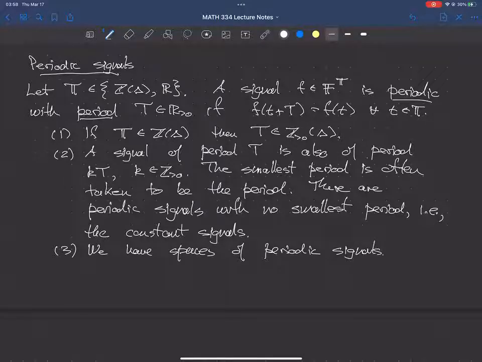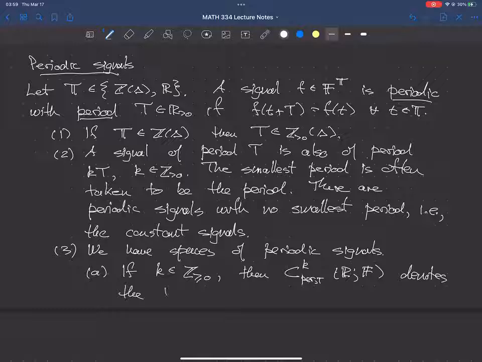And so for example, if k is a non-negative integer, then C^k_per(T) denotes the T-periodic signals in C^k.